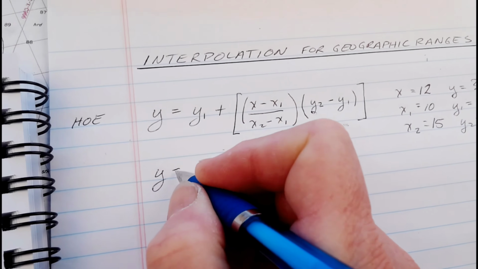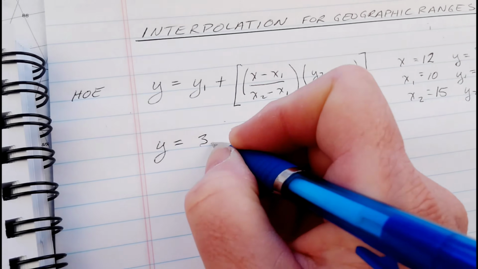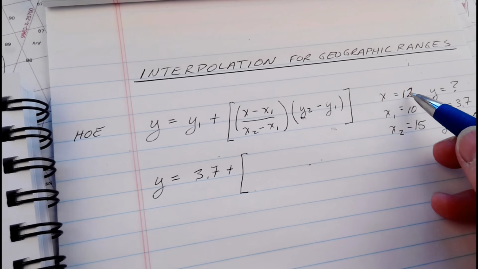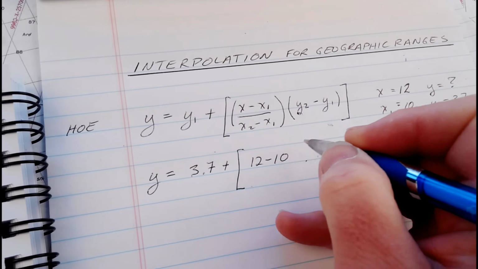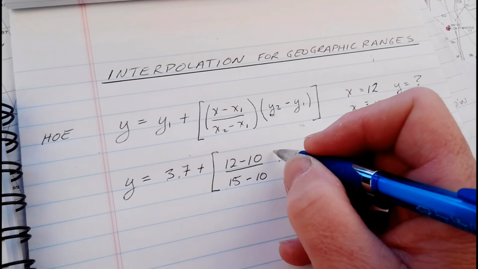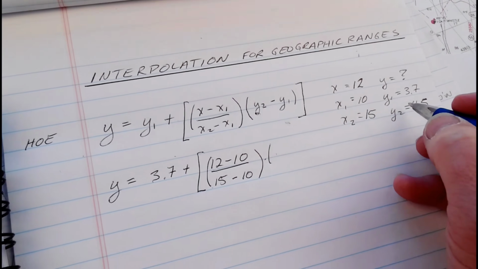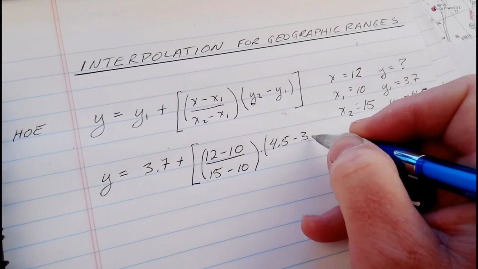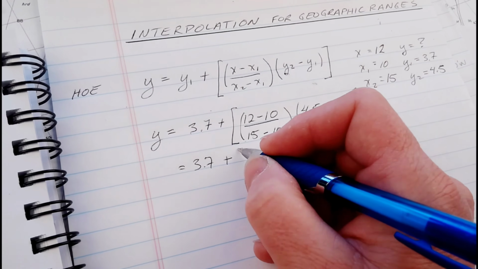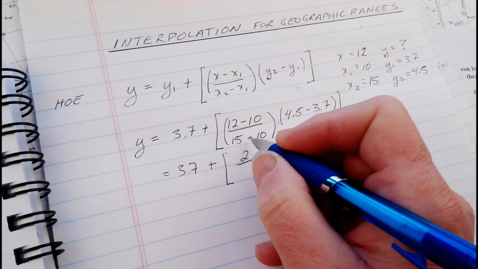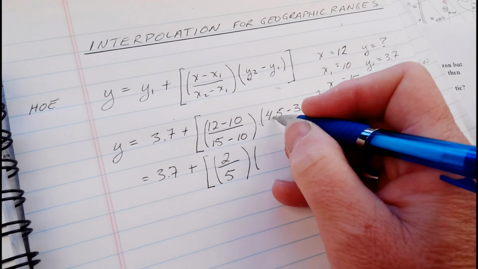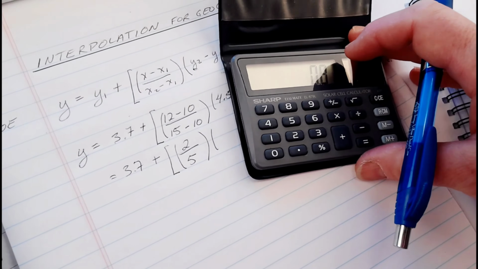Y equals Y1, which is 3.7, plus X minus X1, 12 minus 10, divided by X2 minus X1, 15 minus 10, times Y2 minus Y1, 4.5 minus 3.7. So that's 12 minus 10, 2, 15 minus 10, 5, and that's times 0.8.